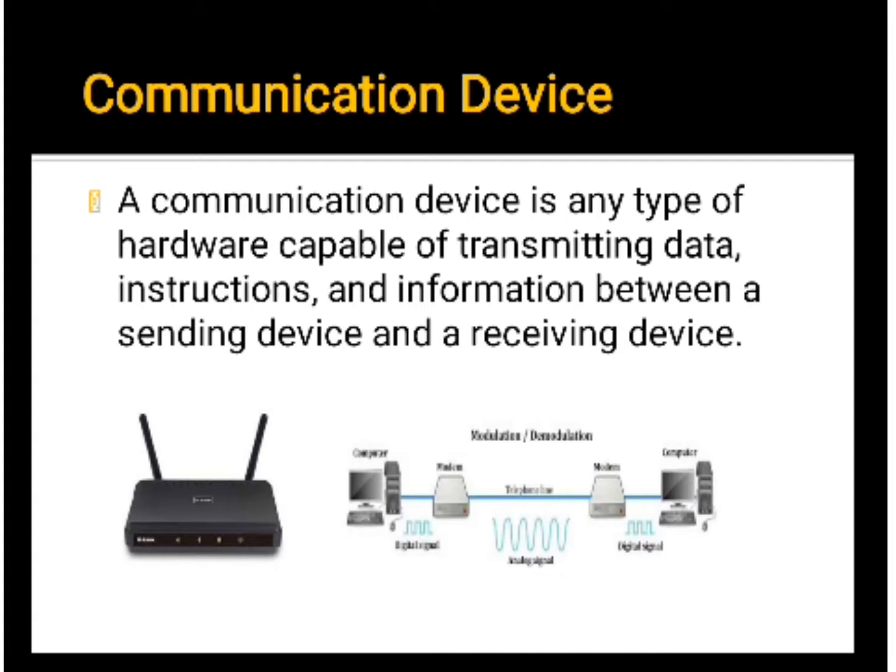Modem is derived from the combination of two words, modulate and demodulate, or we can also term it as modulation and demodulation. Modulation is a process of converting digital signals to analog signals, and demodulation is a process of converting analog signals to digital signals. So the data can transfer along an analog telephone line.